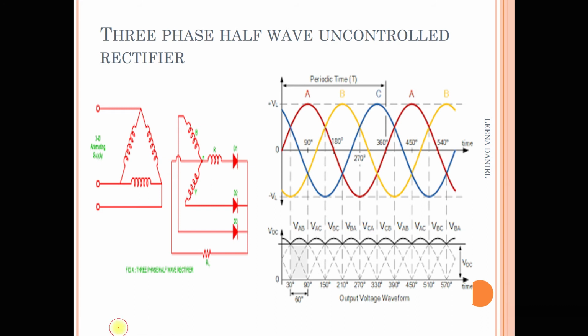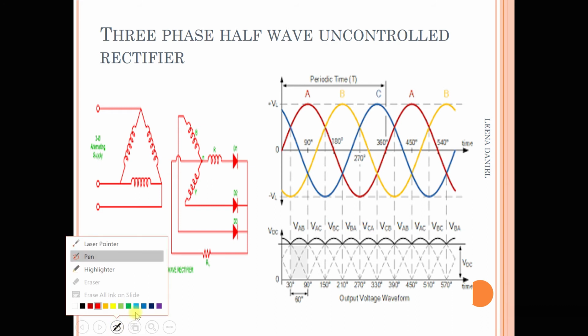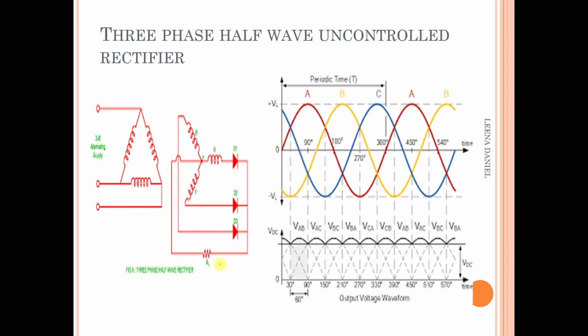Let me take another color for the pen. Let's take blue. Here see, three phases are there, A, B, C, and after this point, in the positive half, let us consider this point as omega t equal to 30 degrees. This is point C, omega t equal to 30 degrees. This is for omega t equal to 90, this is for 150, and this is for 180.